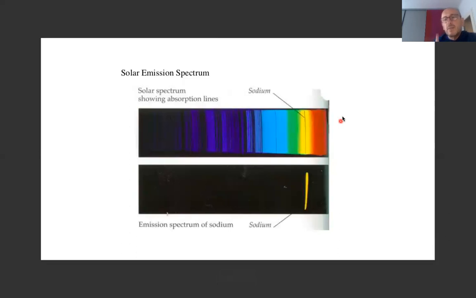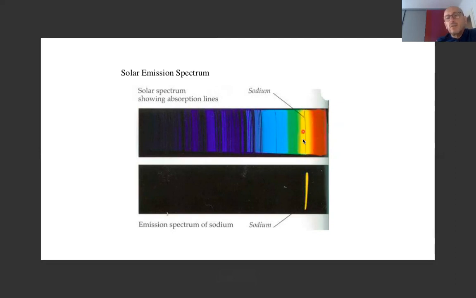There's enough information, but there's something interesting here. This is what I showed you before at one point. This is a solar spectrum showing absorption lines. We are seeing the things that are coming from the sun, and then we see a line that is missing here, because if a line is missing, that line is being absorbed somewhere.